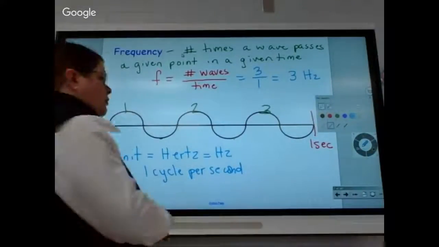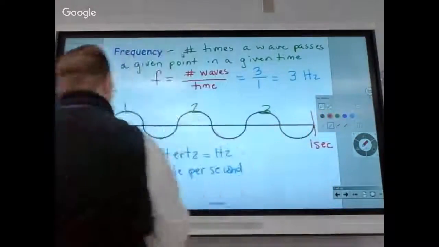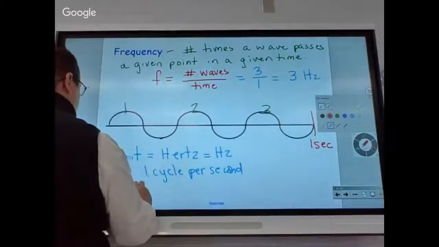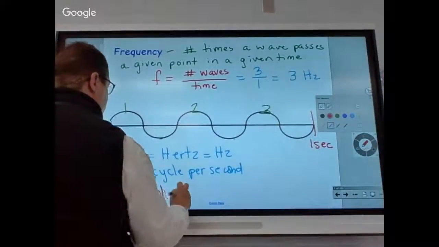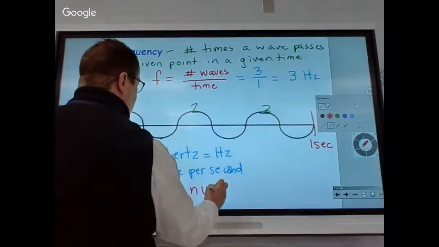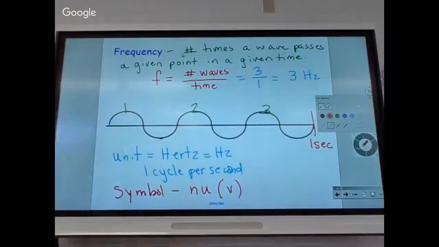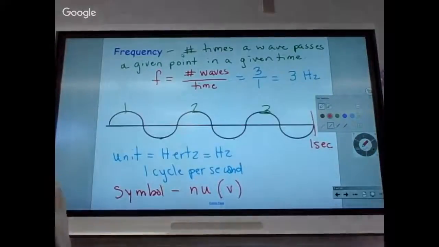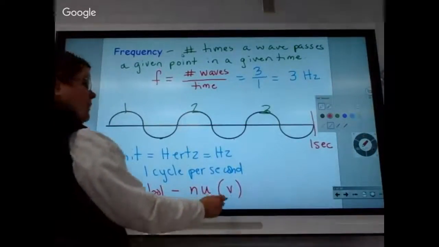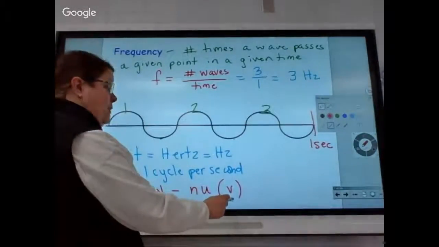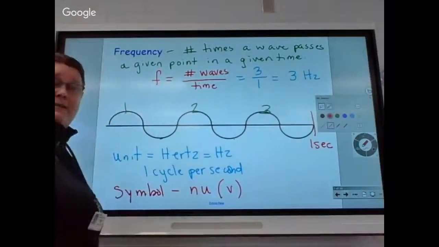All right, so the symbol, because remember, we're going to do math with this in just a second. The symbol for frequency is nu, and it's an italicized V. Now, I can't italicize a V when I write. So I just write it as a V. When I type it on the test, I can italicize it.